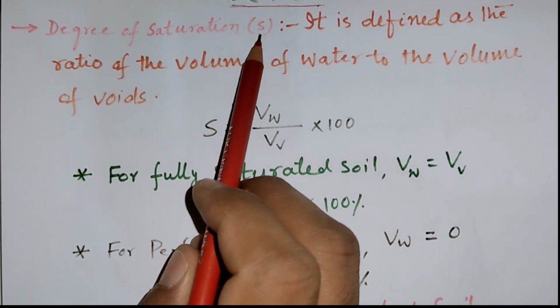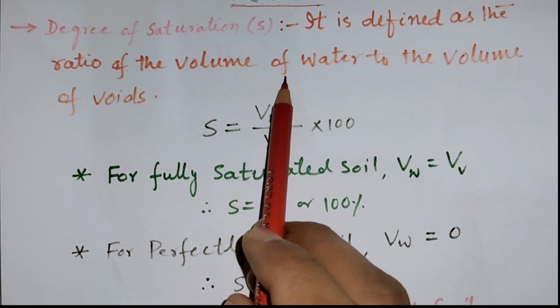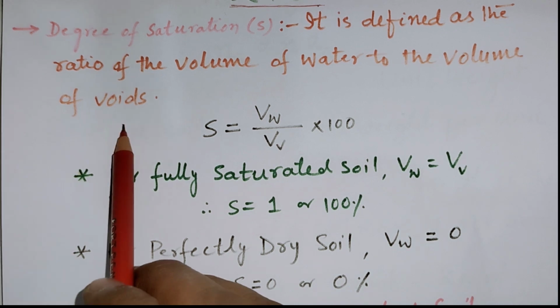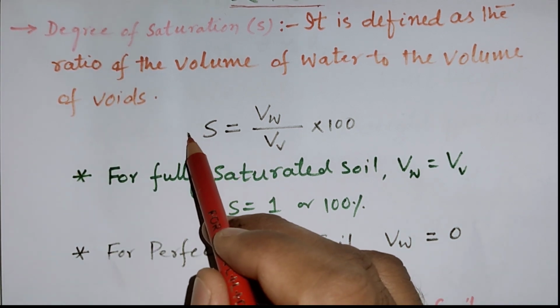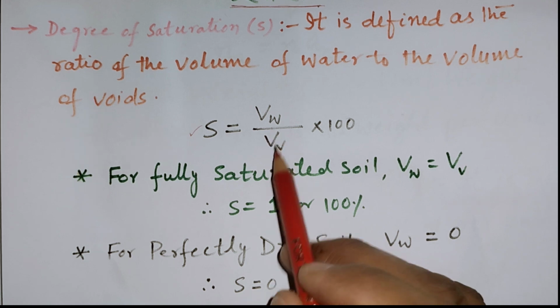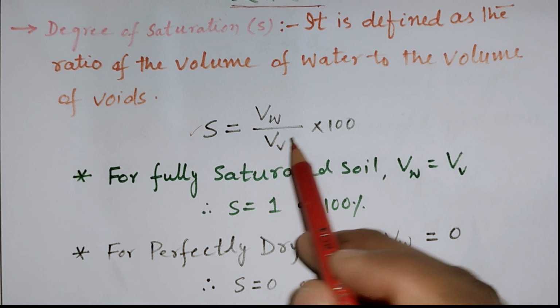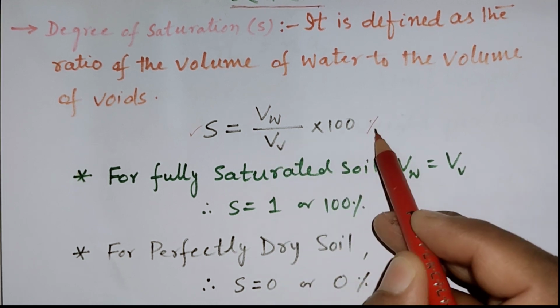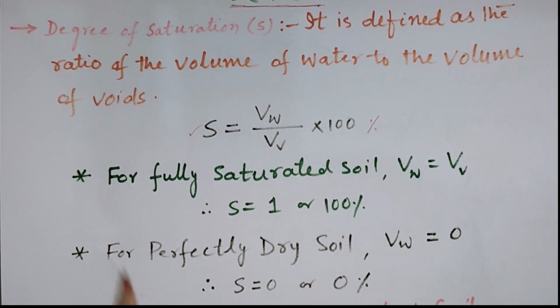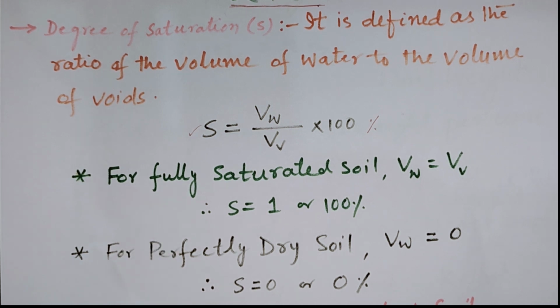Symbol is S. It is defined as the ratio of the volume of water to the volume of voids. S is equal to volume of water Vw to the volume of voids. It is also expressed in percentage, so multiplied by 100. Remember, in two-phase system, when the voids are totally filled with water, then the soil is called fully saturated.